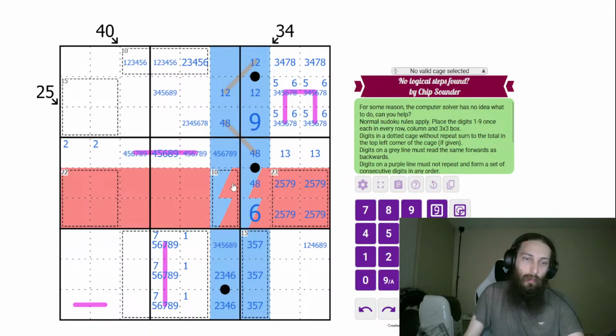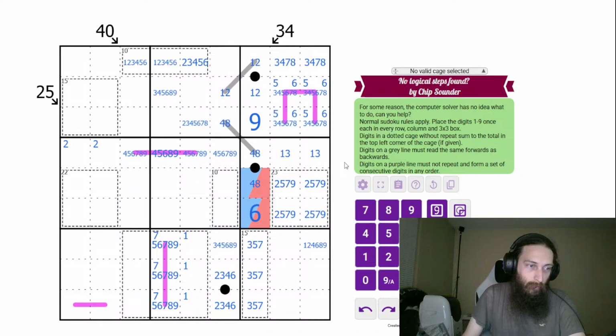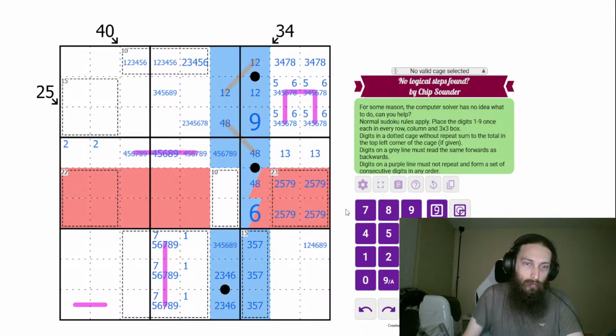And if we take out the 10 cage, then the sums are still the same. Yeah. And then you're saying I can take the sums out of all of this, and the sums are still the same? Oh, yeah, red and blue still sum to the same because that's what red and blue are. Yeah, but they don't have to sum to 10.